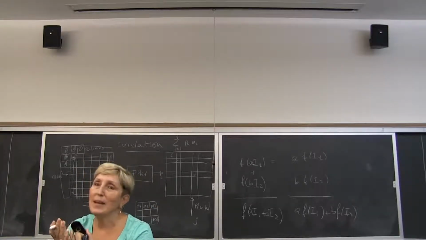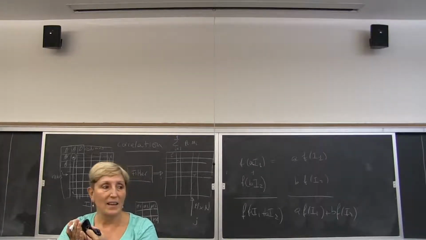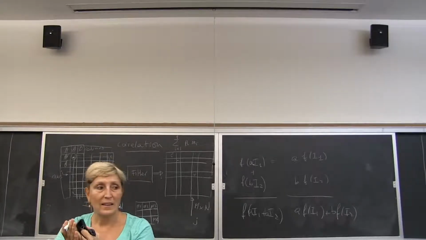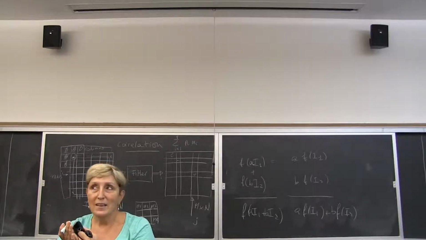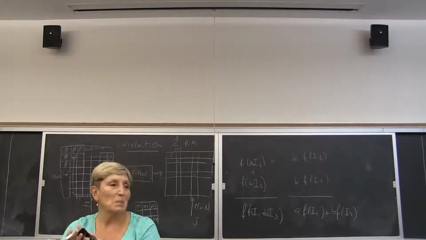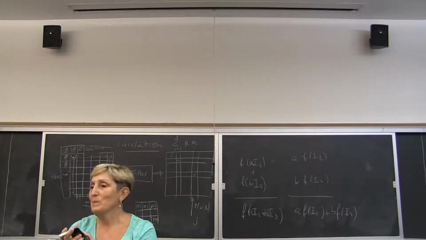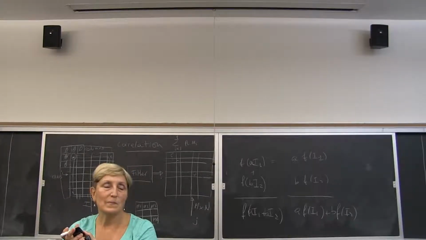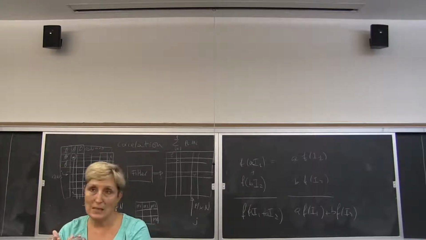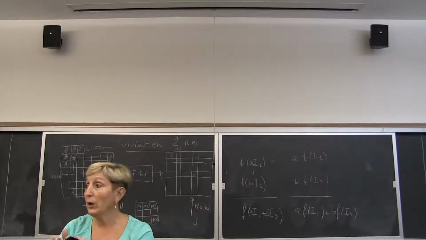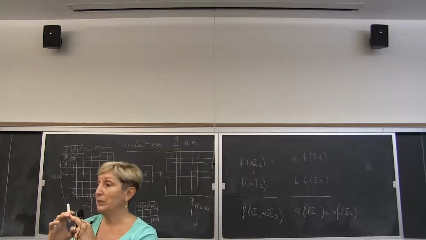Maybe we can say circular convolution. Yeah, but what does it mean? What it means is I'm assuming my input signal, my image, is periodic. And the frame I'm seeing is just one cycle of my period.